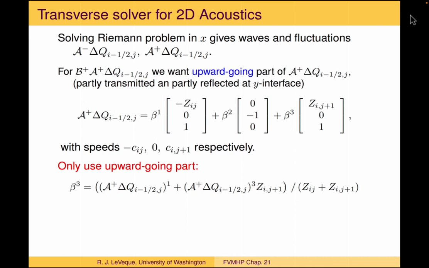So we only need that upward going wave, the beta 3, and B plus A plus delta Q is the wave speed times that wave. So it's a fairly minor modification of what we would do for constant coefficient acoustics, but we need to keep track of the material parameters in each cell and work out these eigendecompositions based on those varying coefficients now.